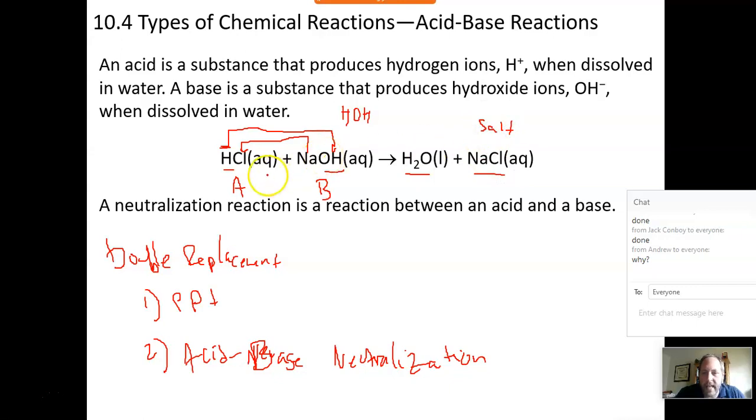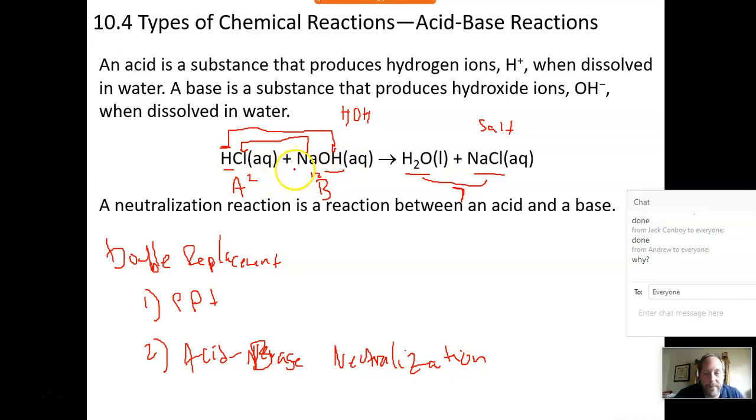So notice, if you take an acid and you add it to a base, you basically form salt water. So notice I neutralized my acids and bases. Like if you talk about pHs, here I have a pH of a 2, and here I have a pH of about 12. And when I add them together, I get water and salt, which all have a pH of 7. Well, salt doesn't really have a pH, but water is a pH of 7. So I basically have neutralized my acid or my base.